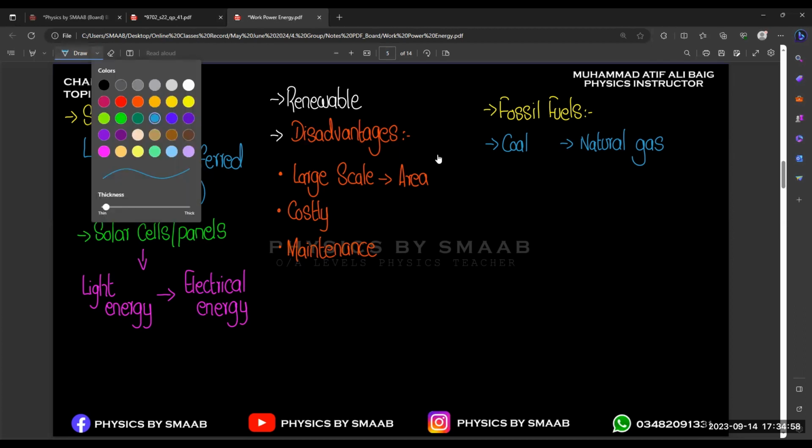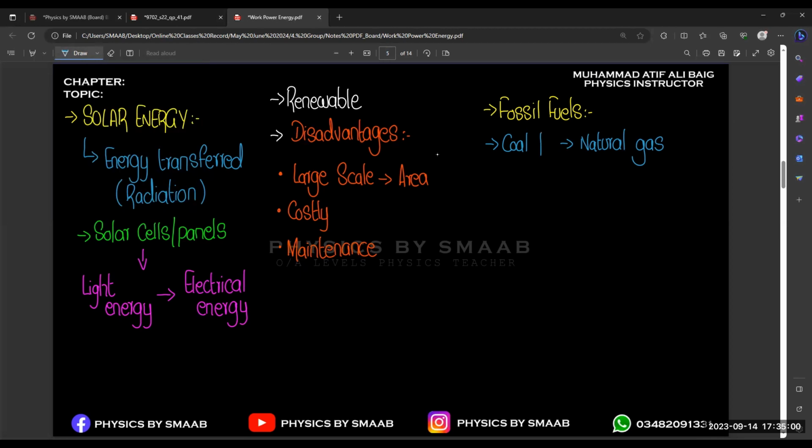If we talk about the basic concept, fossil fuels are formed under high pressure over millions of years from the remains of plants and animals.